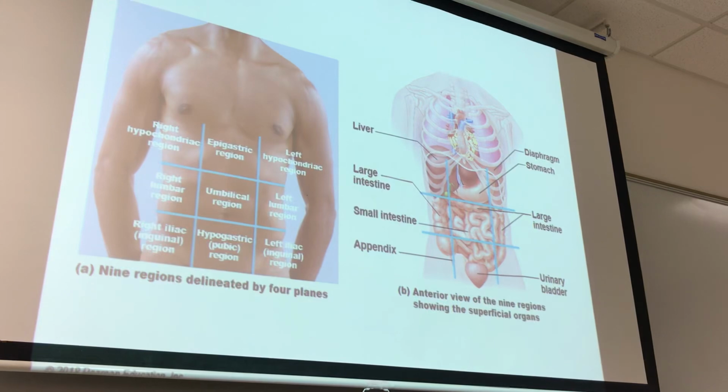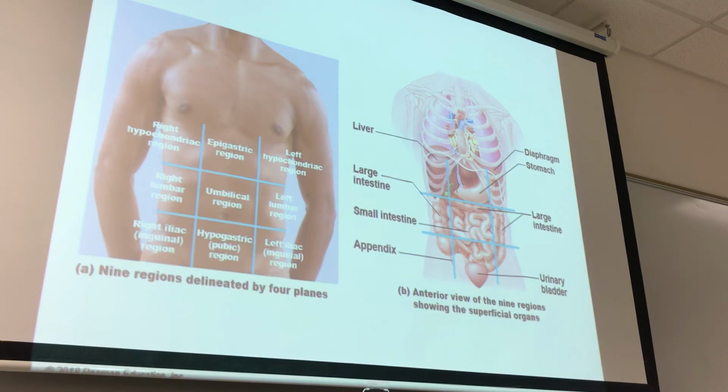Above it and below it. Above it is called the epigastric region. And down here we call this the hypogastric region. To the left and right we have the lumbar regions. This would be the right lumbar, this would be the left lumbar. R circle is right, L circle is left.